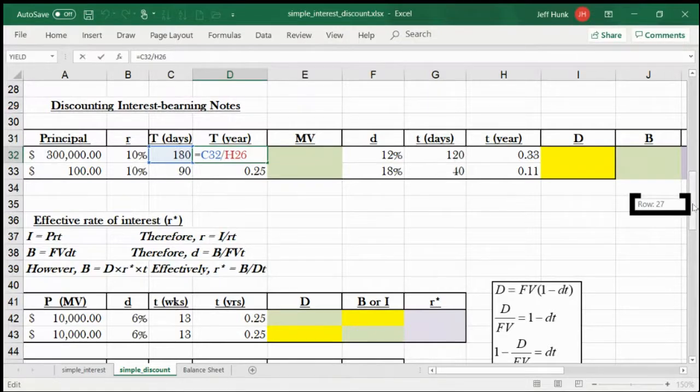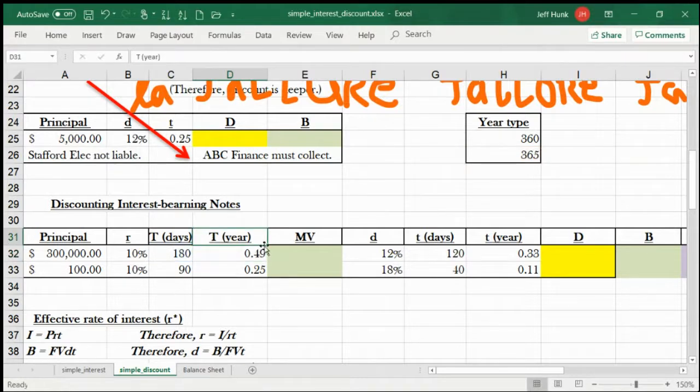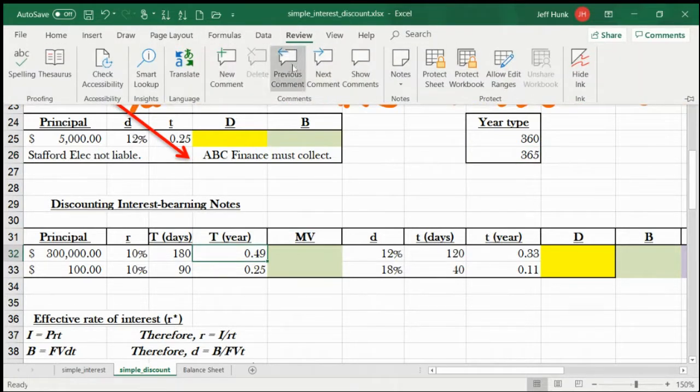Look, I used 365, right? So this is the exact interest year. I can annotate this for review, so I will do it later.